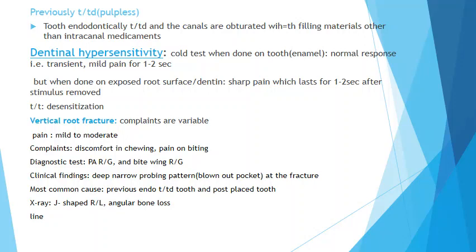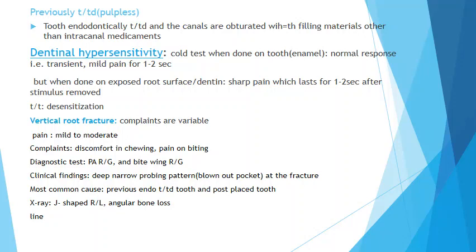Let's say we are probing 3 sites at the fracture site, the pocket will be very deep, let's say 8 or 9, but the other readings will be normal. The most common cause is a previously endodontically treated tooth because it becomes weak, or a post-placed tooth. There is either a history of post placement or previous endodontic treatment, or you might be given a perio chart in which one side has a very deep pocket while the adjacent sides are normal.